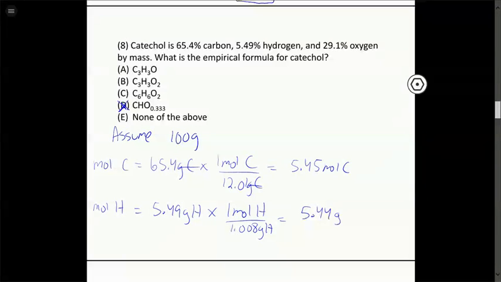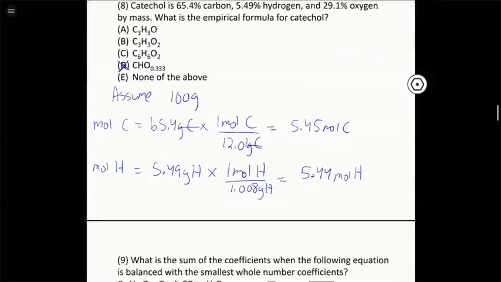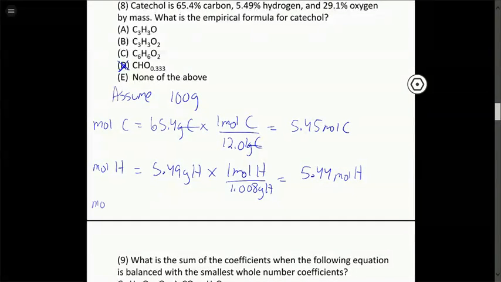Okay, there's grams of hydrogen to moles, so moles of H. And then finally, we do the same thing for oxygen, which is 29.1%, or 29.1 grams, in our assumption of 100 grams of compound. Of 1.82.